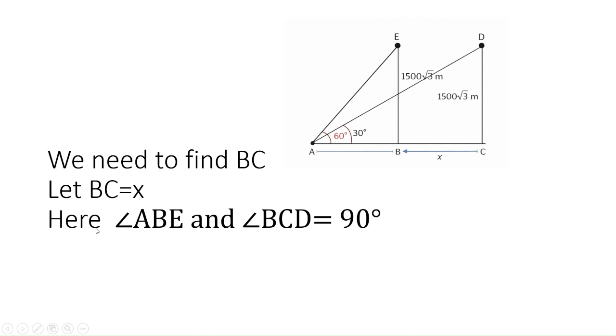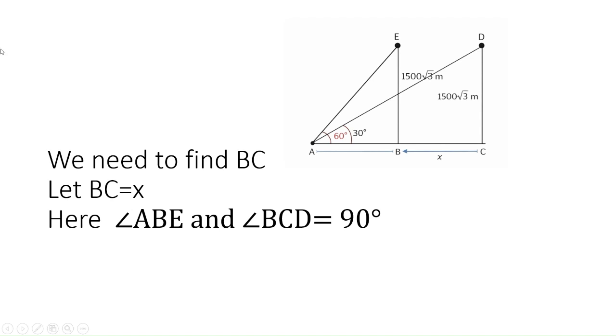And we know one more point: angle ABE and angle BCD are 90 degrees, because they are just on the ground, straight. So angle B is 90 degrees, angle C is 90 degrees. That means angle ABE is 90 degrees, and angle BCD is also 90 degrees.